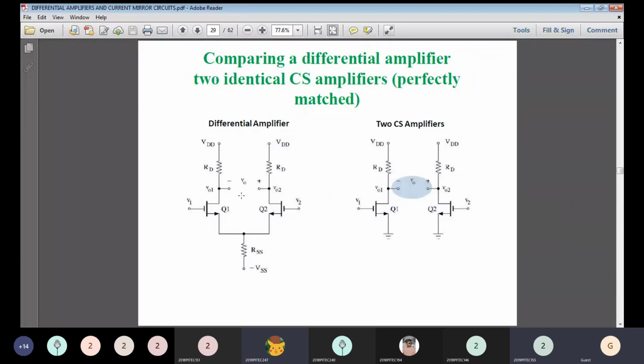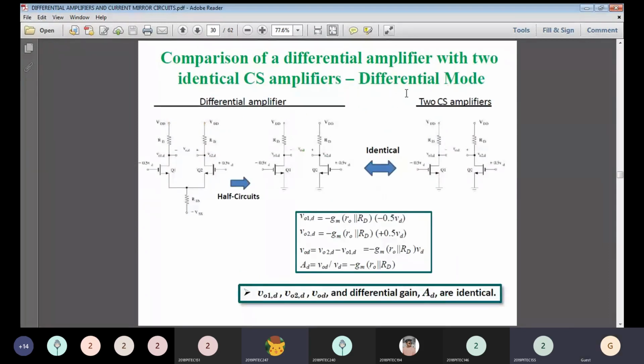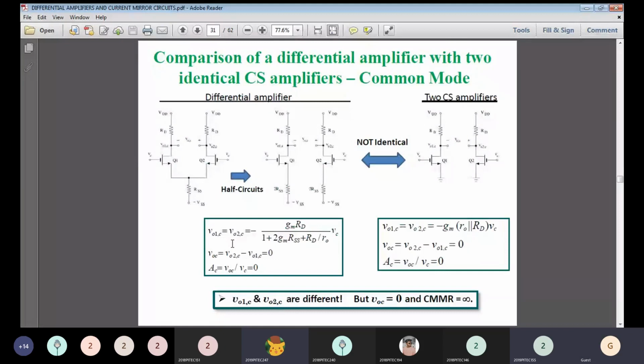This is the differential mode of operation with two common source amplifiers, and it is part of the half circuit concept, where the two identical circuits are broken down. For the two half circuits, the overall values of voltages and gain are mentioned here. These are the points to remember and memorize.